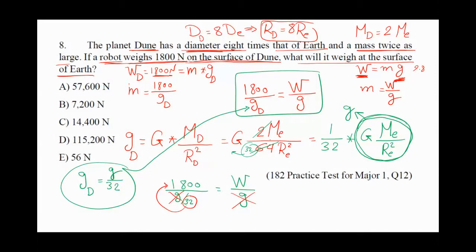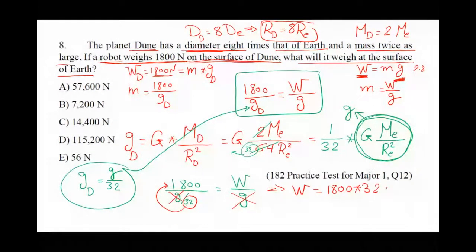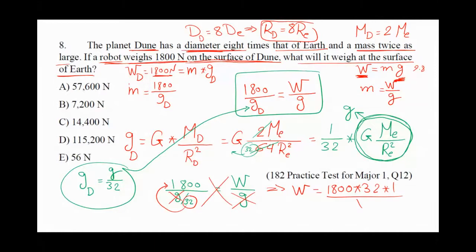So at the end, W equals 1800 times 32, times 1 divided by 1. Please do it yourself. You will find it 1800 times 32, that's 57,600 Newton.